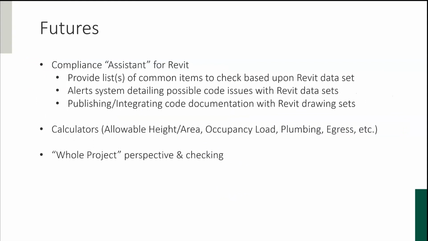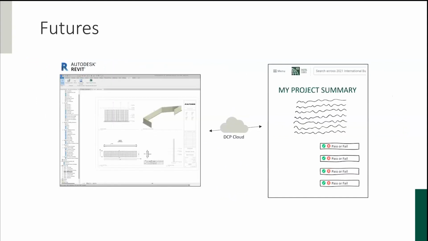Another avenue here that ties a lot of this up is thinking about compliance from a whole project perspective. What if you could look at your project inside of Revit, and I know that there are other applications people utilize besides Revit in their workflow.